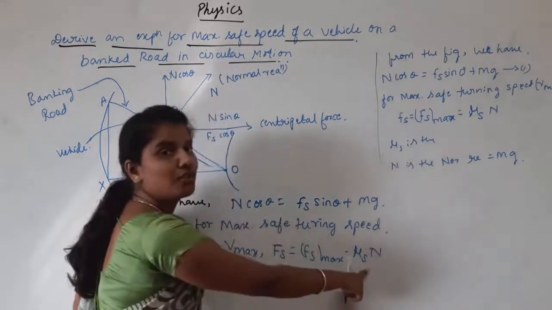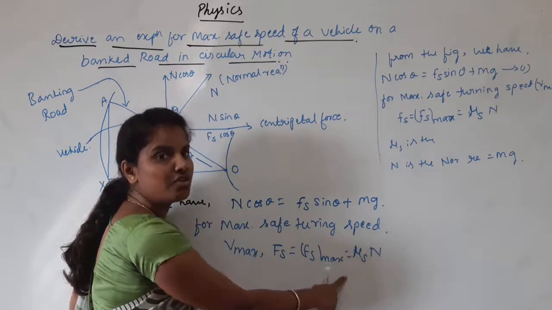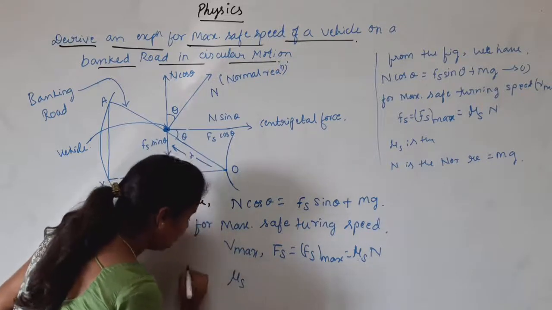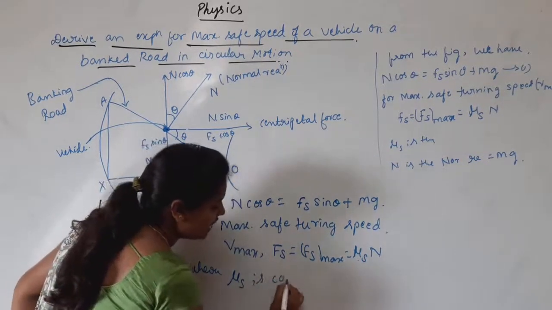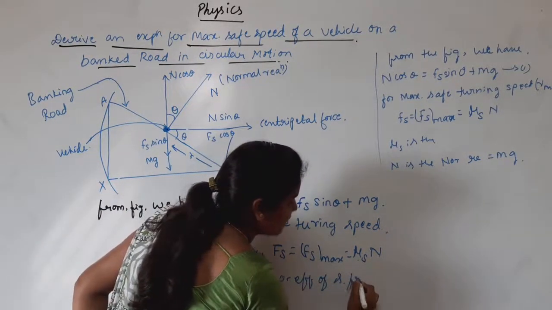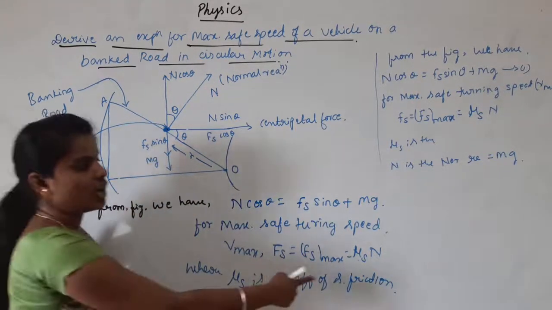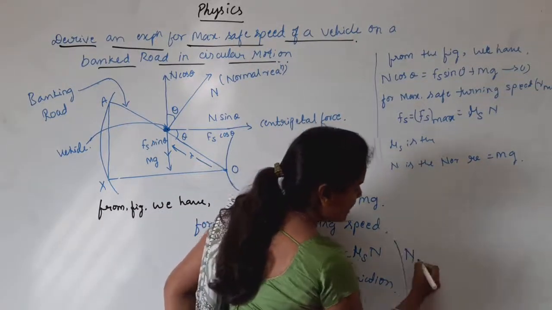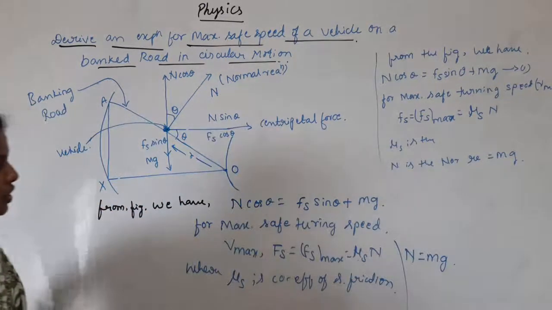Here n stands for normal reaction, and mu s is the coefficient of static friction. Where n is the normal reaction, n is equal to mg.